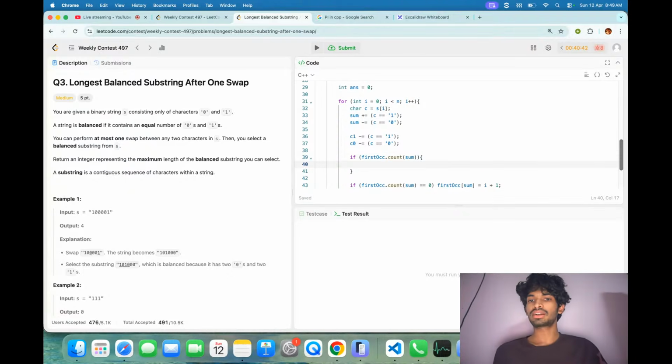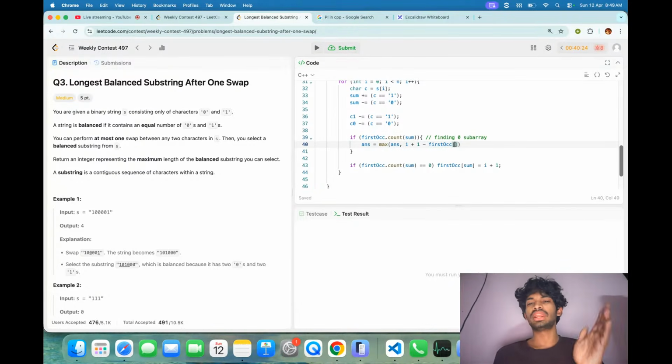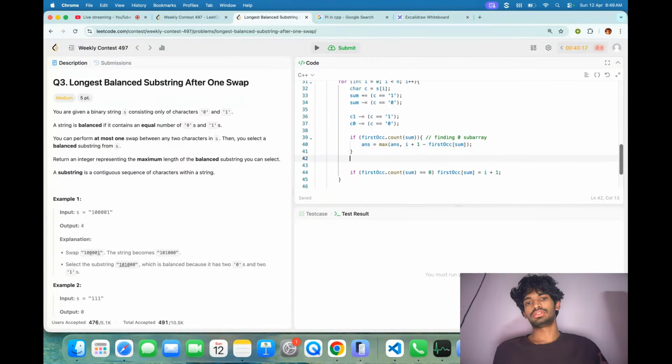If it has already occurred before, then you can have answer equals max of answer, comma, i plus 1 minus first occurrence of sum. What I'm doing here is finding a zero-sum subarray without any swap, right? So this is one possible answer.